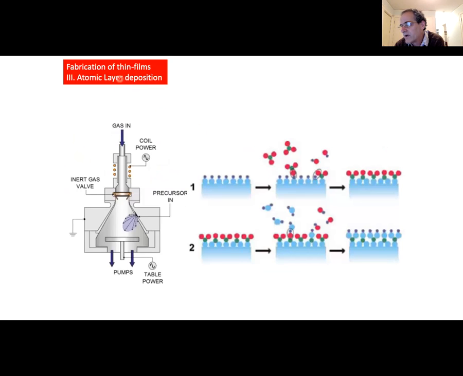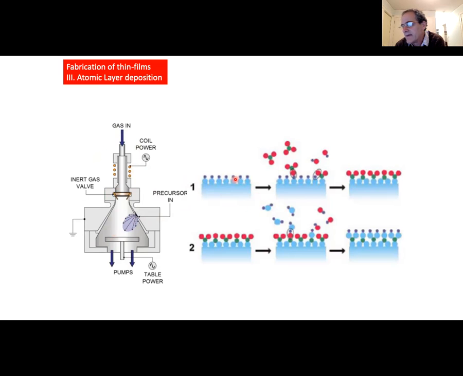Here's one more. This is called atomic layer deposition, and it's related to CVD. But like molecular beam epitaxy, it can do really atomic layer by atomic layer growth. Okay, and in atomic layer deposition, one does something like this. You have your substrate, you coat it with the first precursor whose chemical properties are such that it will grow a monolayer.